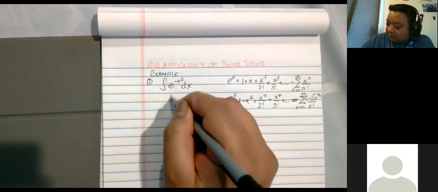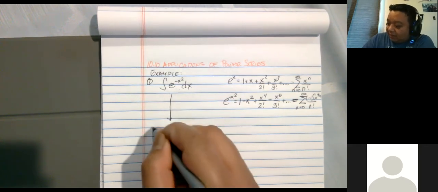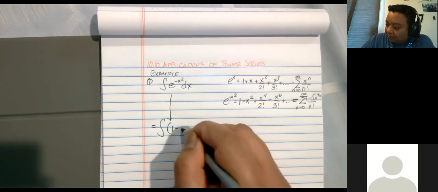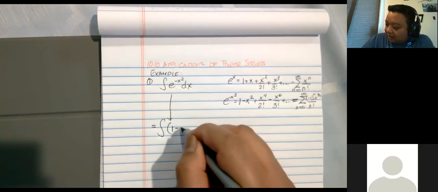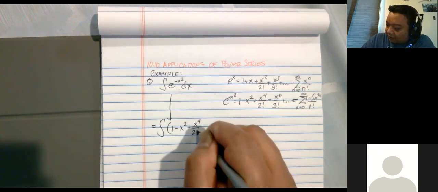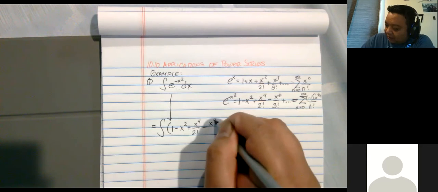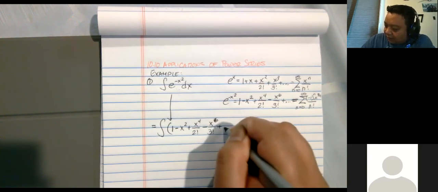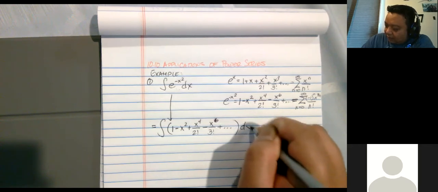Okay, and so let's go ahead and do that, right? So this will now be equal to the integral of 1 minus x squared plus x to the fourth over 2 factorial minus x to the 6th over 3 factorial, and then dot, dot, dot, dx.